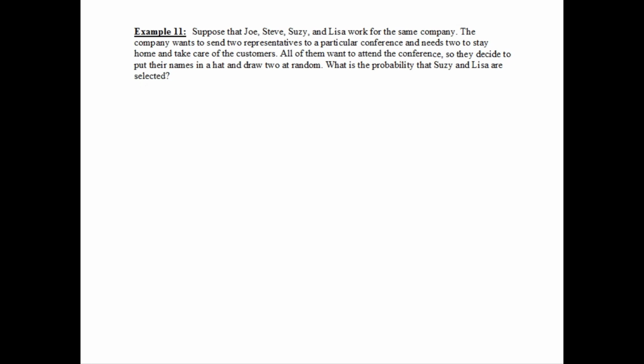Okay, so we need to write down our sample space. And before we do that, let's come up with a little bit of shorthand for our notation so we don't have to write out all these names every time. So J will be Joe, right? That one's easy. And we'll let ST be Steve. SU is Susie.